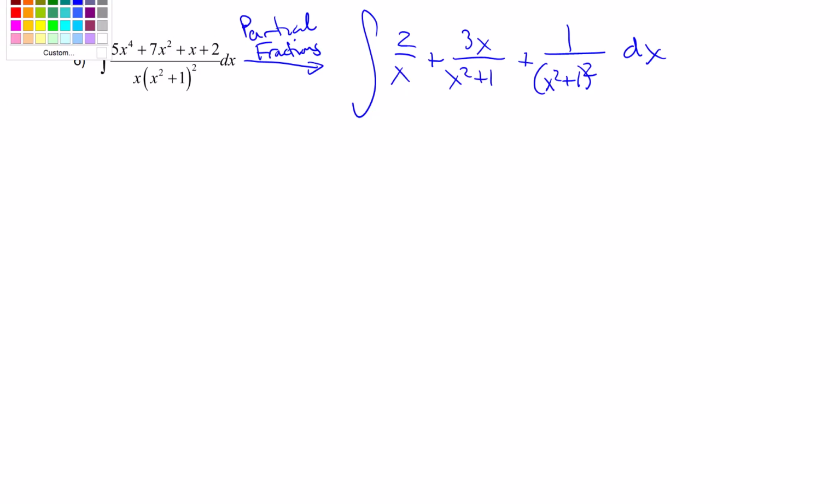So let's take a look at these terms and notice that this last term is going to have to be a trig sub integral. So I'm going to spend a moment to go through that one because the first two terms are easy, but that one's a trig sub.